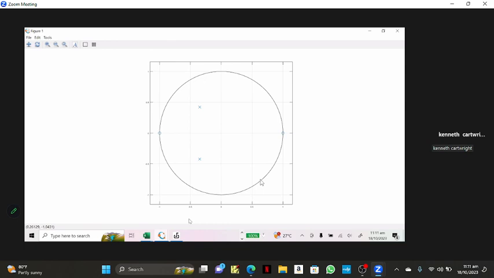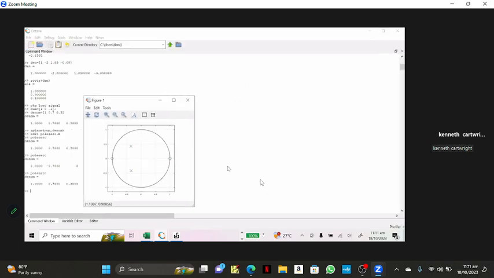It's not the value of the pole that matters. It's the value of the magnitude of the pole. The magnitude of this pole here is you square the x value, you square the y value, take the square root of it. That's the magnitude. And that magnitude would be less than 1.